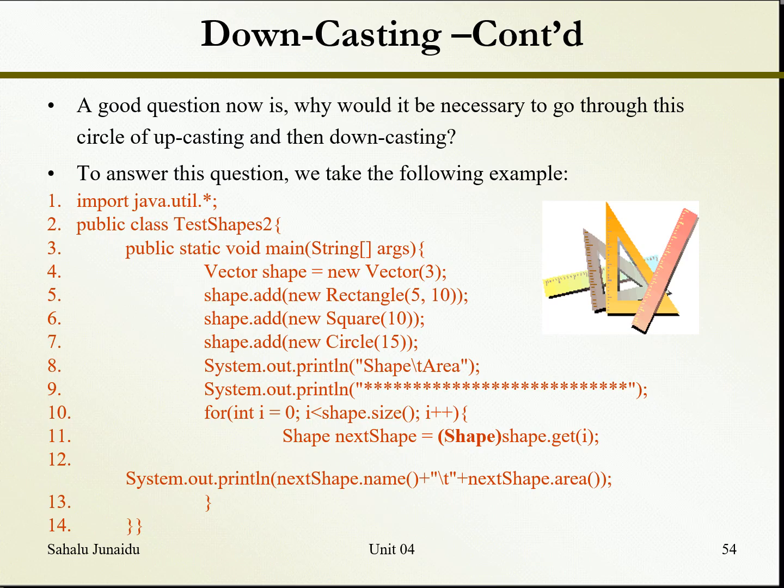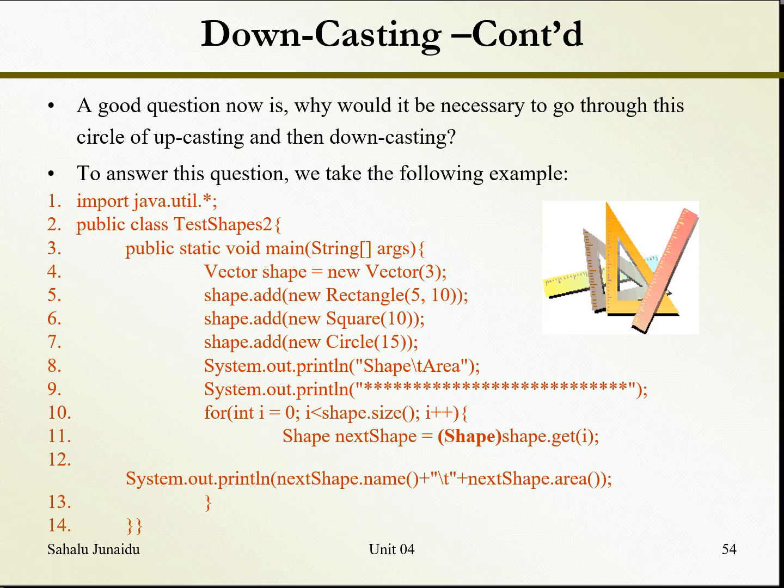So now we come here and we assign another instance, rectangle, square, and circle, into the vector. And remember, a rectangle we already know is a shape, circle is a shape, square is a shape. Now they are of type Vector again.